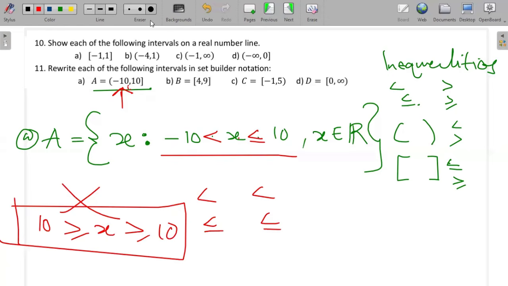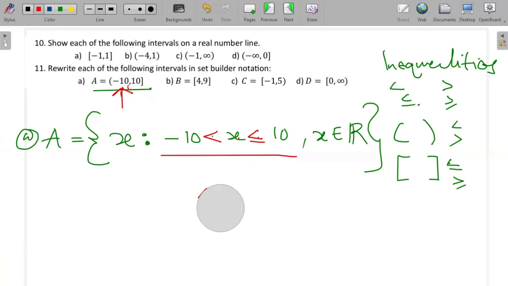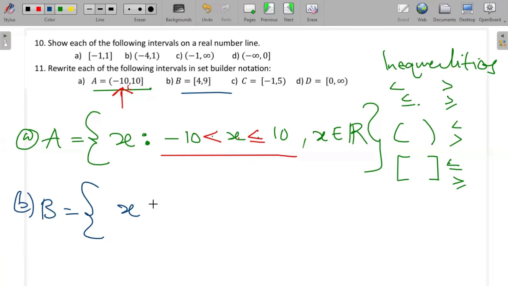Okay, what about B? Let's look at B. If you have any questions, please ask. So B, look at what we have. We have square bracket, square bracket. So B will be the set of all the x's such that 4, x, and 9, where x is a real number.